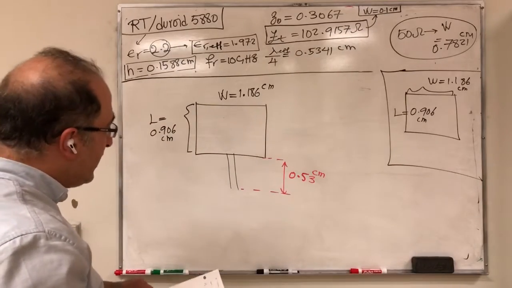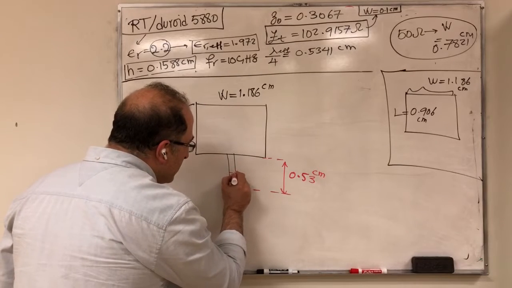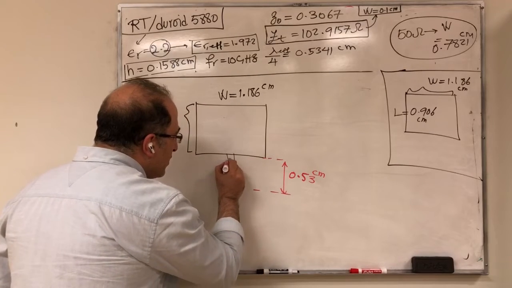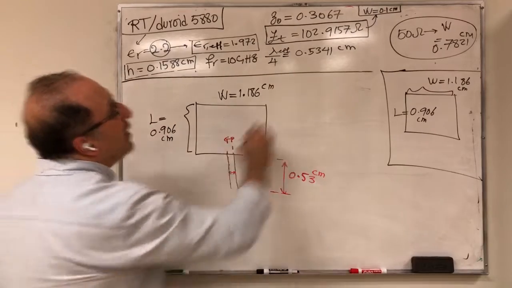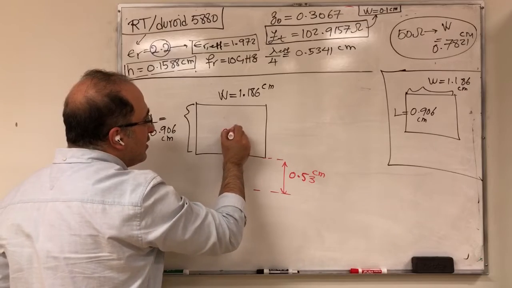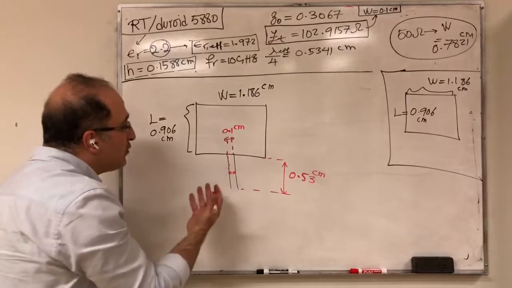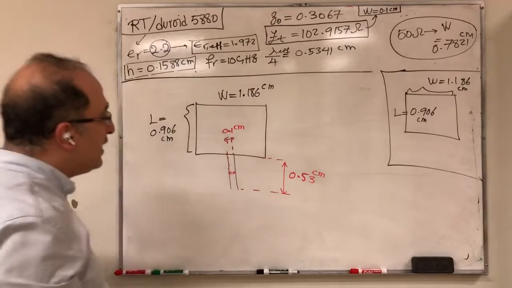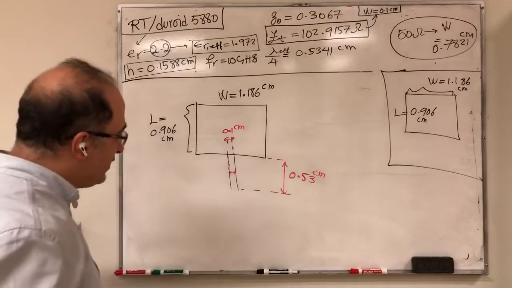That's the length. And then the width of this was 0.1 centimeter. And that was something that you could start worrying about, whether you can fabricate it or not. So that's 0.1 centimeter here, then 0.53.